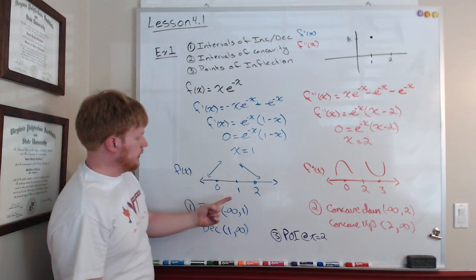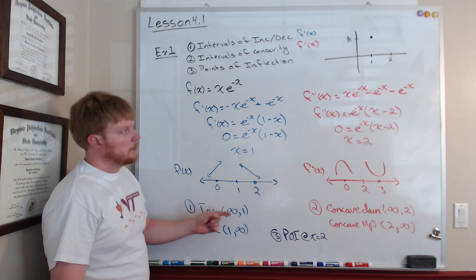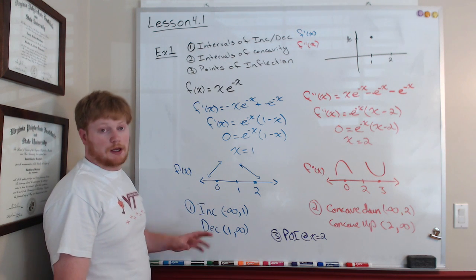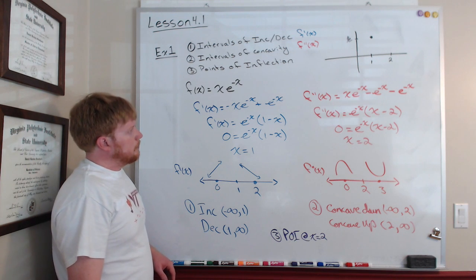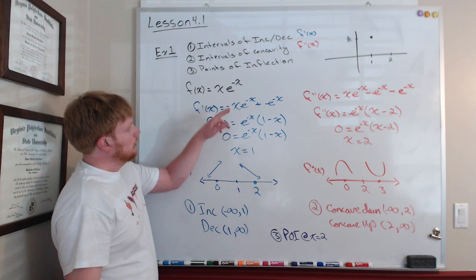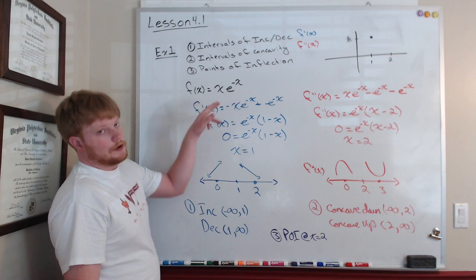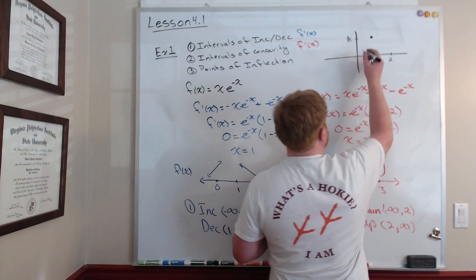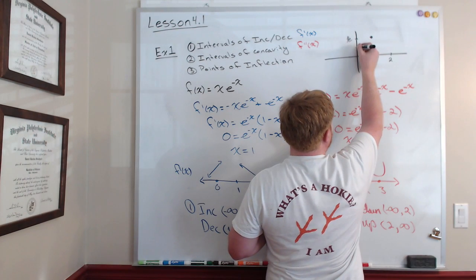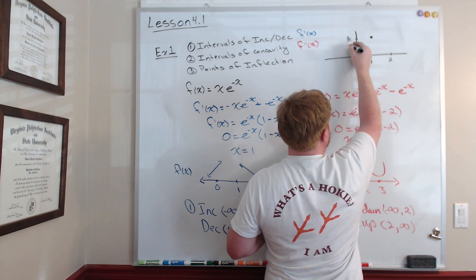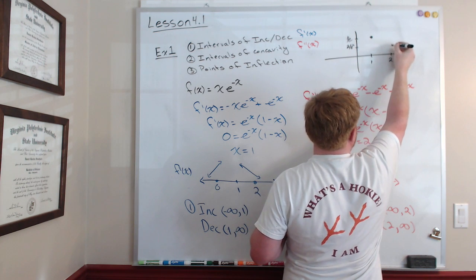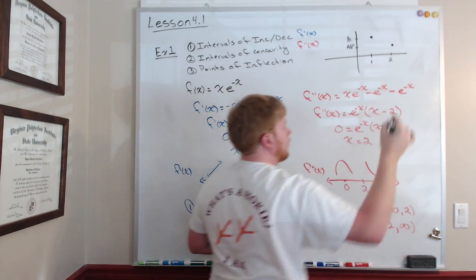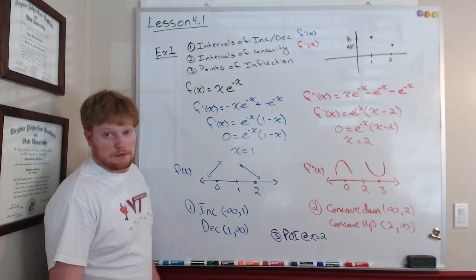And that's a maximum value, or a relative max. When I plug in 2, I get 2 over e to the 2, which is somewhere in here. And so that's where I have a point of inflection.